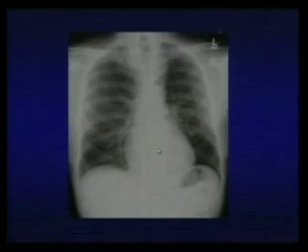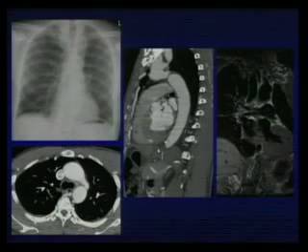So in this particular case, we can see that there is opacity in the left upper mediastinum with double convexities. Here you can see one convexity, the other convexity, and in between you have a narrowing. This is the figure 3 sign, and this is seen in cases of coarctation of aorta. This is the CT of the same patient.